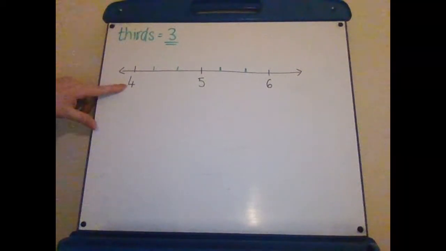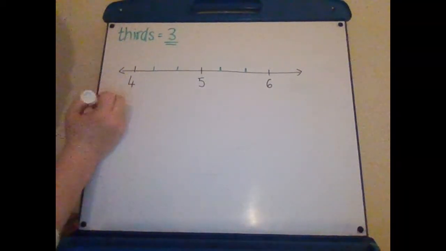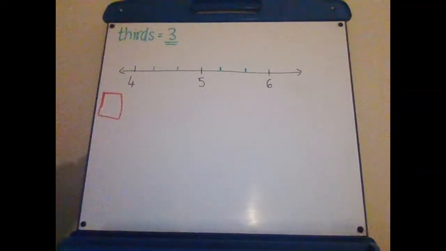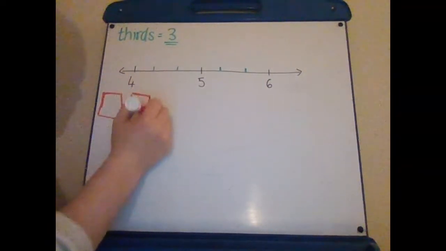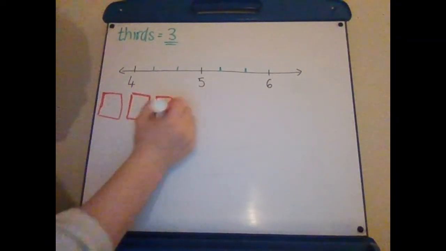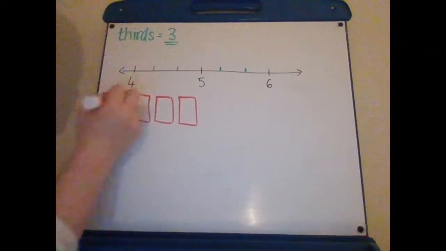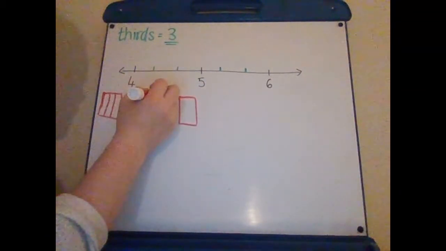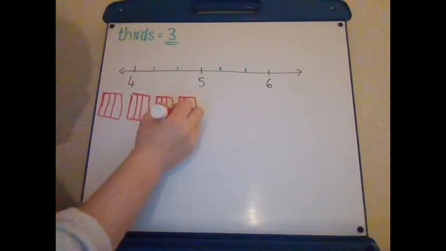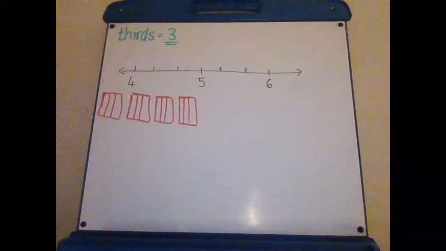Well, how do I get 4 as a whole number into thirds? I need to take 4 wholes. Okay, they're all the same size. I need to split them into thirds to see how many parts are being counted for.